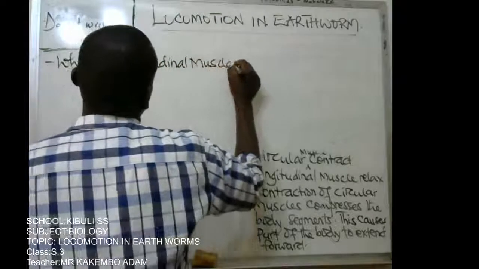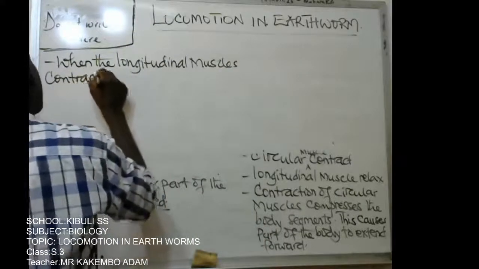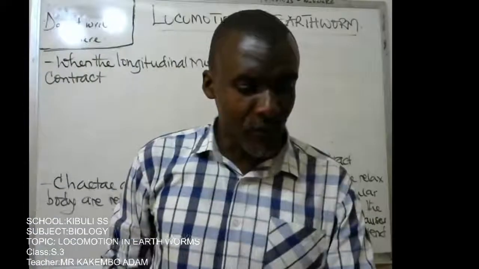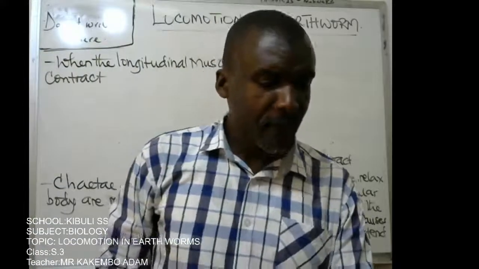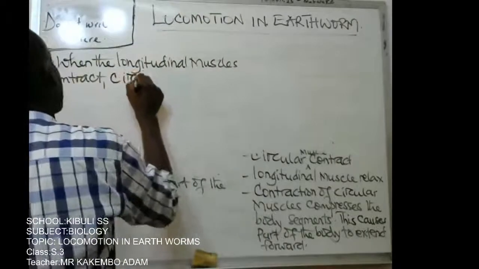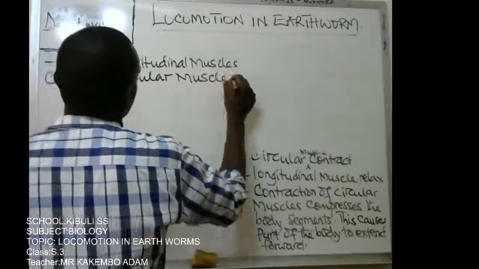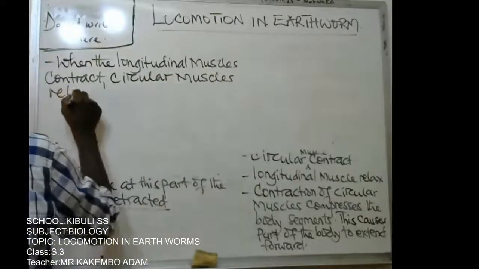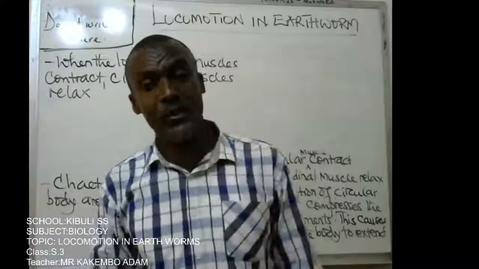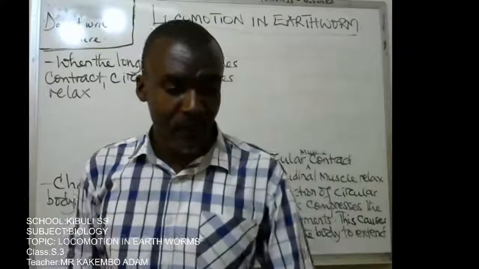When the longitudinal muscles contract, the circular muscles relax. Remember, we said that kind of action of the muscles is what we described as being antagonistic.